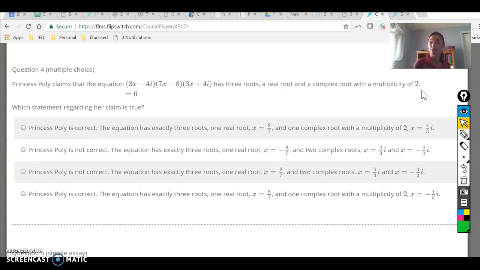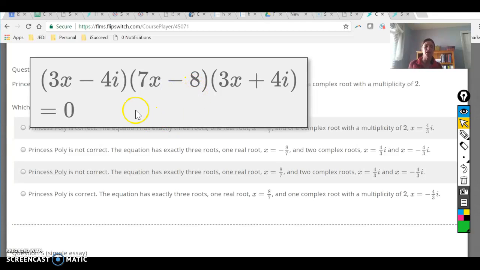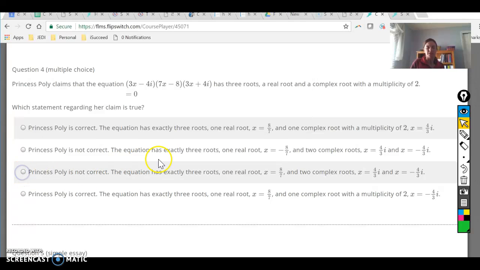Those are going to be their own distinct roots. So we can solve each of these, setting each equal to 0, and end up with 3 distinct roots. So in other words, she is not correct. The equation has a root of 8/7, and then the complex roots of 4/3 i and -4/3 i.